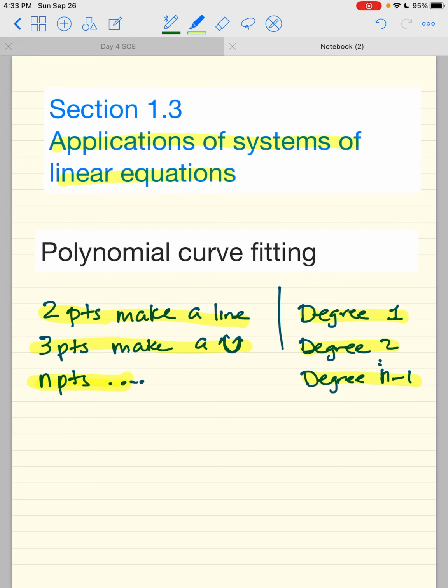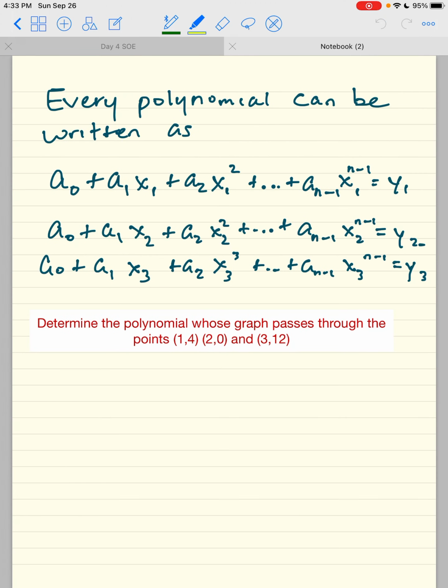Okay, so how do we do this? Well, first, every polynomial can be written as a sub 0, a sub 1, a sub 2, but basically it's almost like ax squared plus bx plus c and so on. So a sub 0, a sub 1, a sub 2, but x to the first power, x to the second power, and so on.